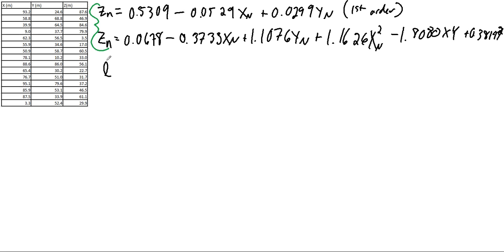So now we need to figure out what L hat is, which is our A x hat. To calculate that, we just take our A matrix, multiply it by our coefficients, and we end up with our new values of L. So we end up with L hat for the first order.